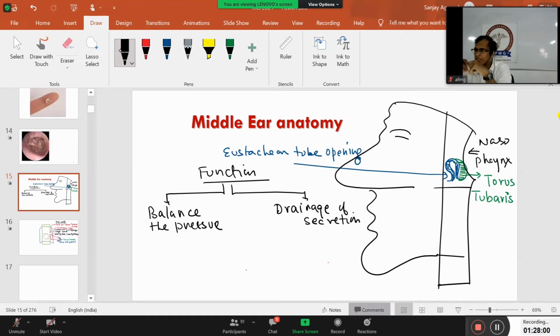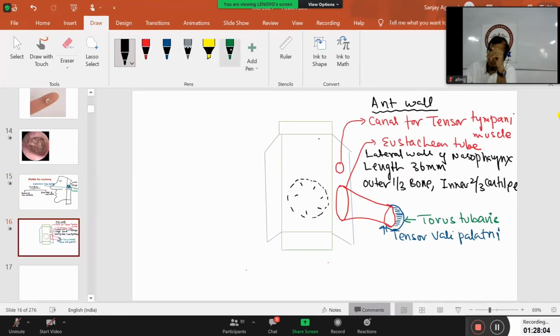To balance the pressure, the air has to go inside. So air enters the tube in the middle ear to balance the pressure. And the fluid of the ear is coming out of the tube for drainage. It comes out all the time. So drainage.